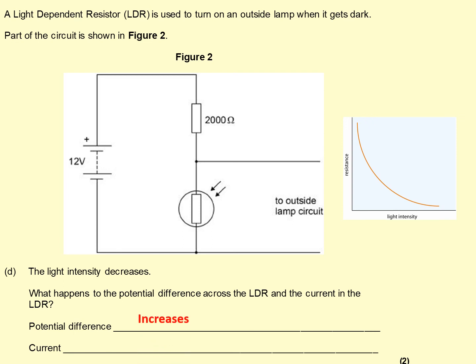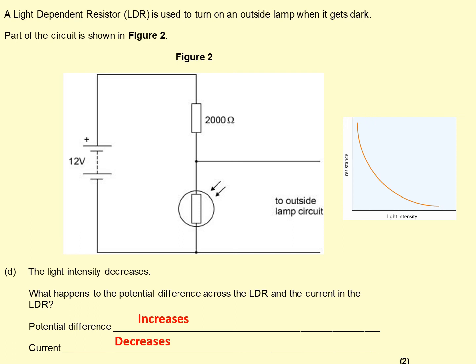Well, the first thing is that the potential difference would increase because the current has decreased. Now the current has decreased because as light intensity drops, resistance of an LDR increases because it's harder for the electrons to flow through the component at low light levels.